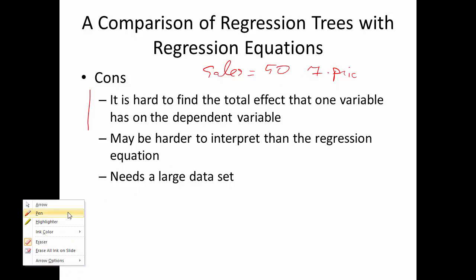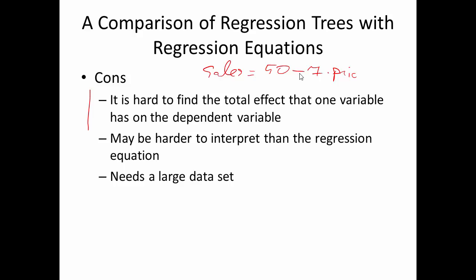With this one, it's not that easy. So the total effect is hard to quantify, as well as the interpretation, and it usually needs large data sets to really give some prudent results.